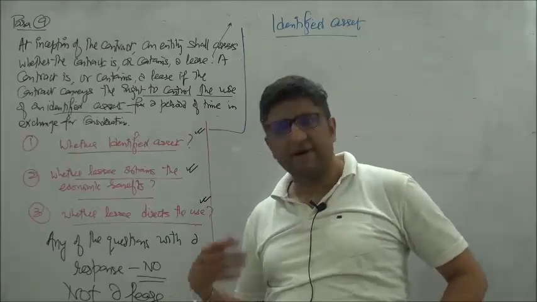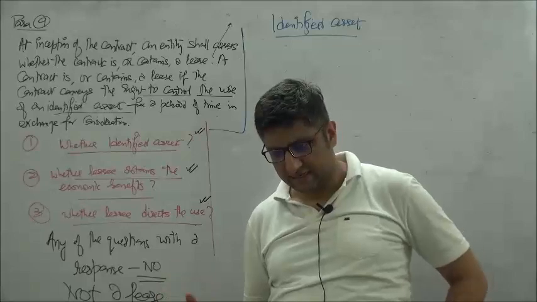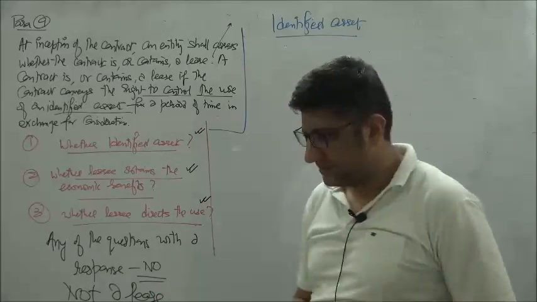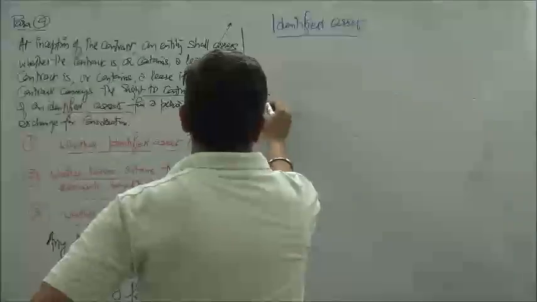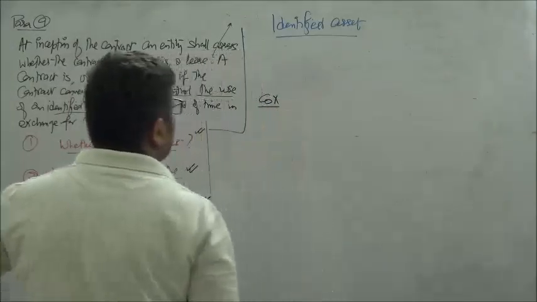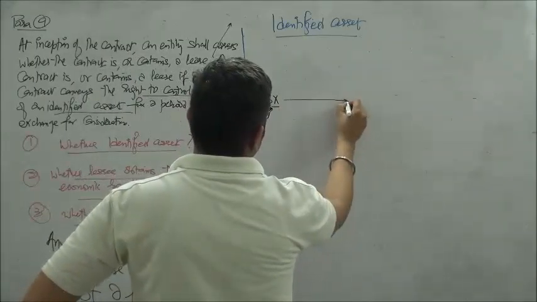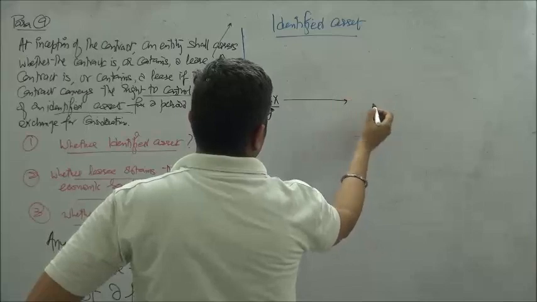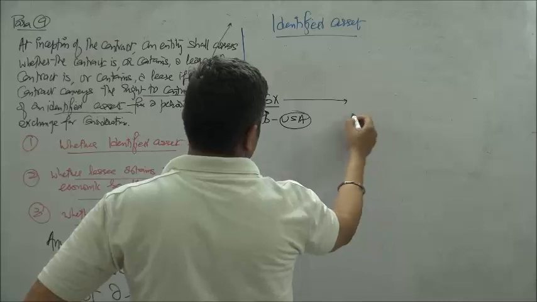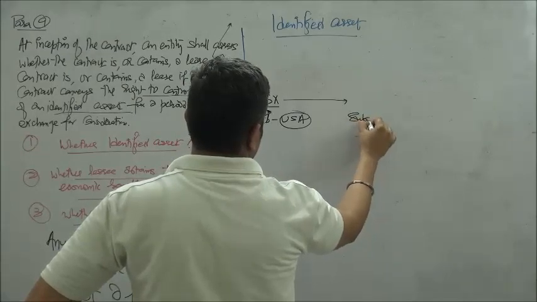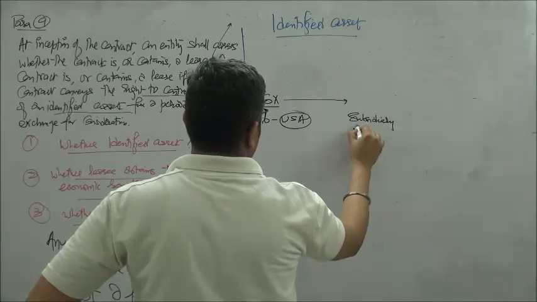We go a bit farther on that and try to understand what exactly is the reference of this identified asset for us. We are saying, for example, there's a company X, and let's say its head office is in the US and it has a subsidiary in, let's say, India.